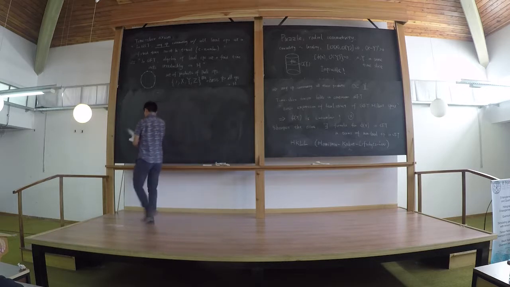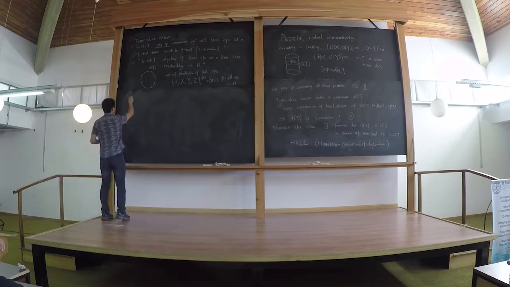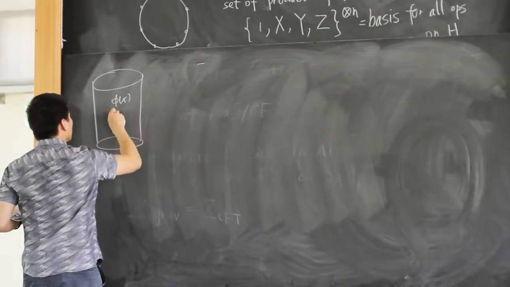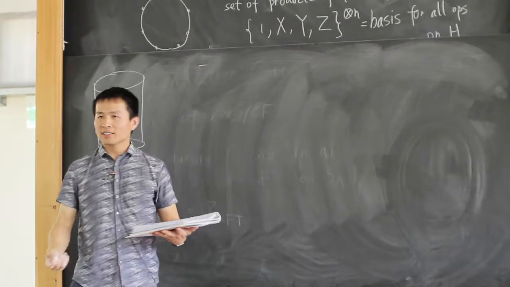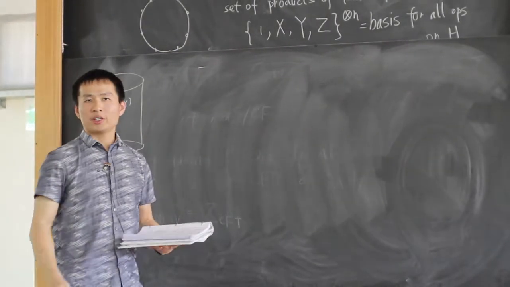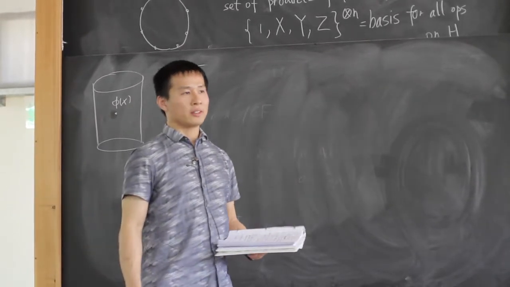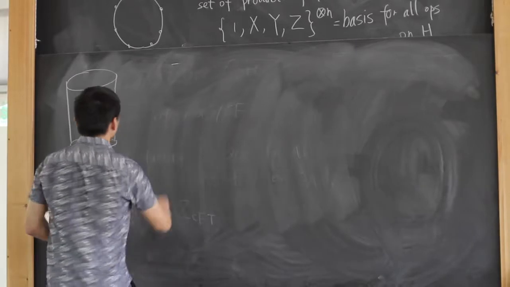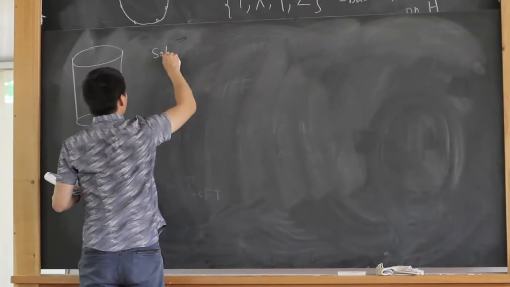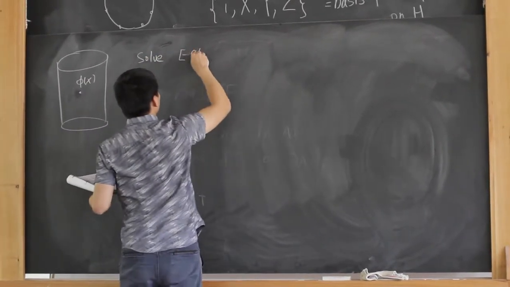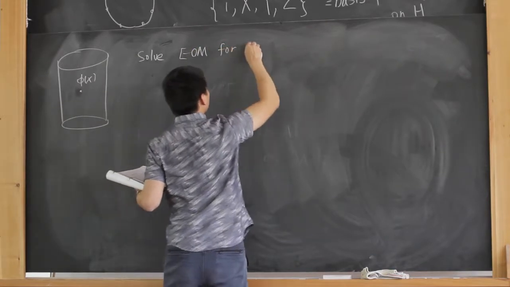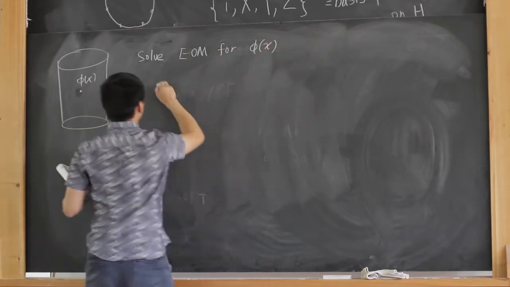The basic idea, let's draw a picture of the bulk field again, phi of x. The basic idea is that phi of x satisfies an operator equation in the bulk, because we know that the bulk theory is governed by some Lagrangian. So the idea is to solve the equation of motion for phi as an operator equation.